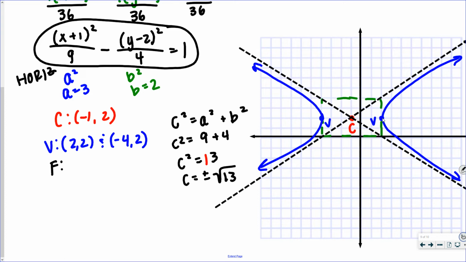This is about 3.6. So I know 3.6 units from my center are the foci. So the foci would be from my center, -1 plus or minus the square root of 13, and then the y coordinate is 2.